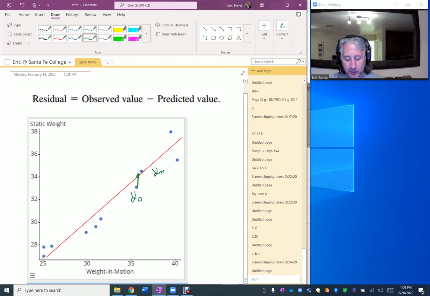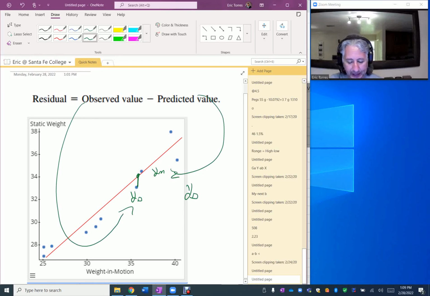My residual is basically how far it is from the data to the model, and that's the length of one residual. Again, observed is the data, predicted is the model, and the difference is the value from the data minus the model, and that is going to be my residual.